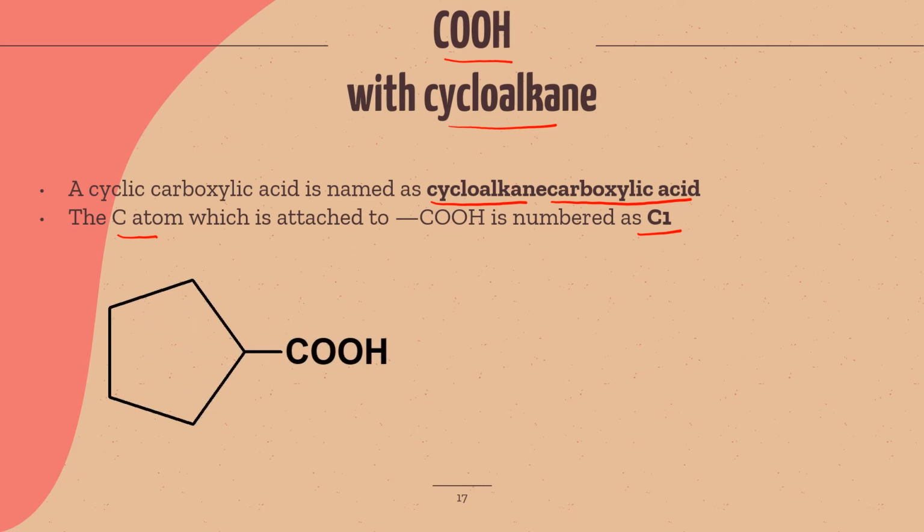So in this example, kita ada cyclopentane dan juga carboxyl group. So for the numbering, this carbon on the cyclopentane will be labeled as carbon number 1. So bila kita ada 5 carbons on the ring, maka the name will be cyclopentane carboxylic acid.